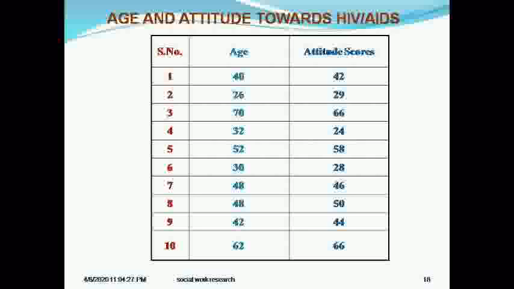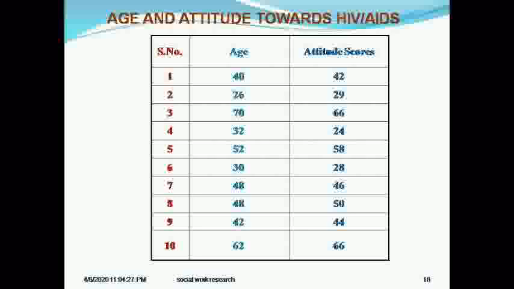Now, here we have an example, age and attitude score. In column number 1 you find age of the respondent, and the second column is attitude score. And we can find out the correlation between age and attitude, whether there is any relationship between age of the respondent and the type of attitude he or she holds.